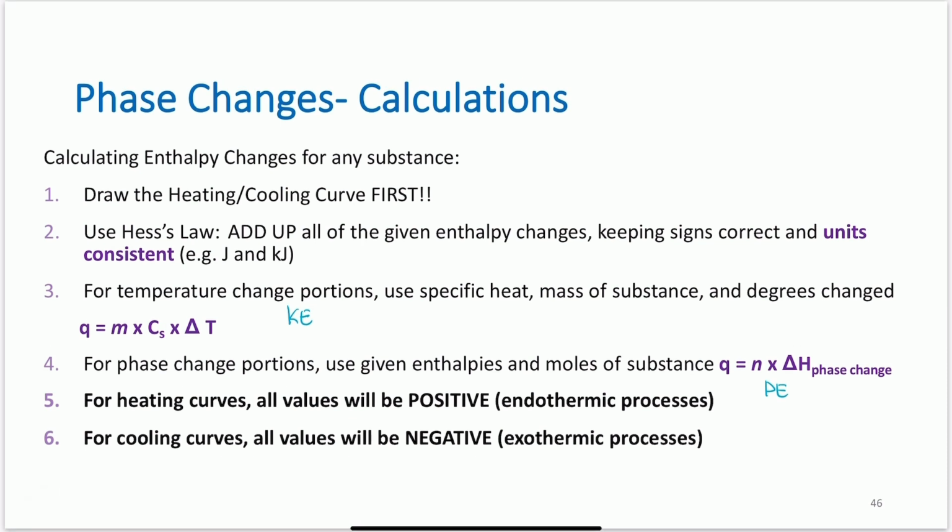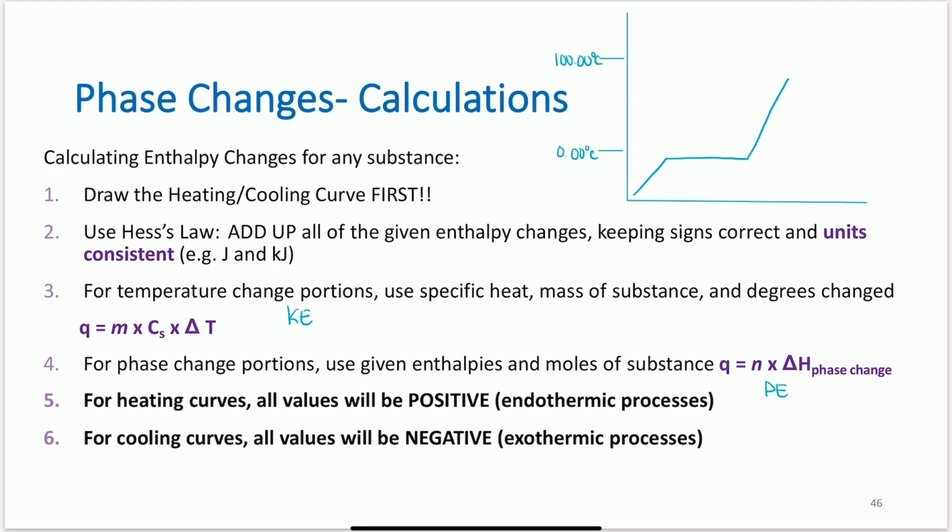To give you a quick view before we actually do one, I'll draw a heating curve first, then a cooling curve. Let's just say water, and we'll say 0.00 degrees C, 100 degrees C. We start out low. It starts heating up. We undergo a phase change.